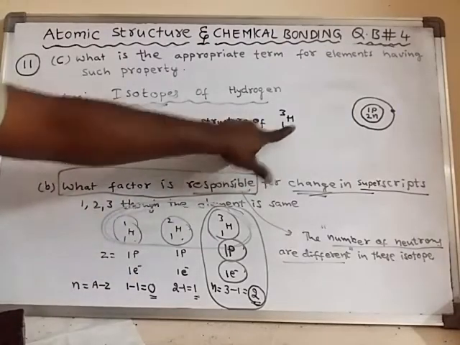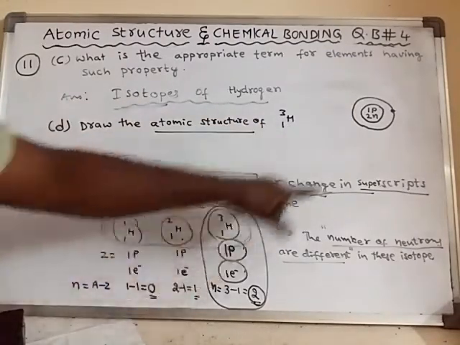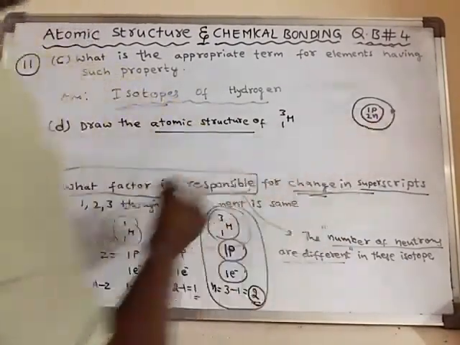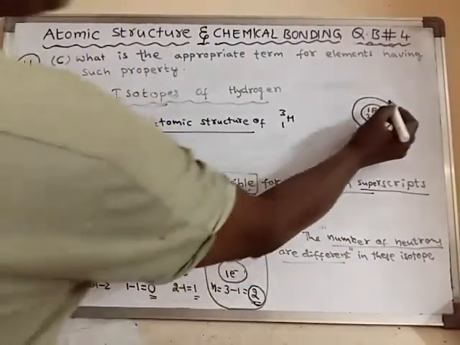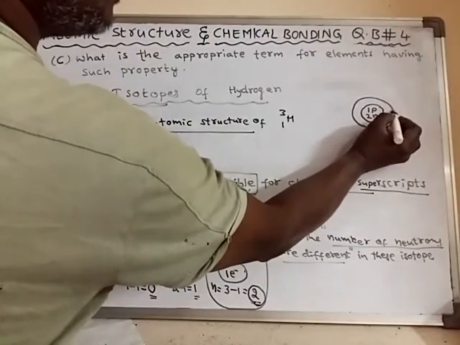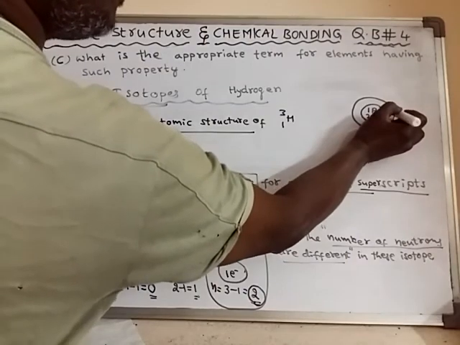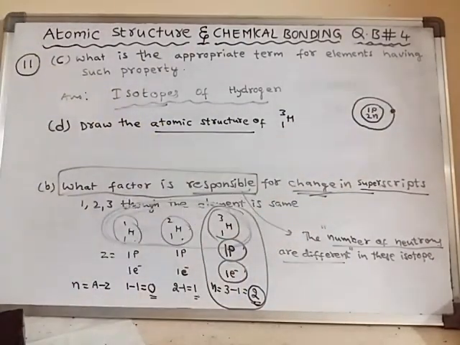But this particular atom is having only one electron. Hence, we will write only one electron to draw the structure of this atom. So this is how the structure of the 1H3 atom can be drawn. So we will learn the other answers in the next video.